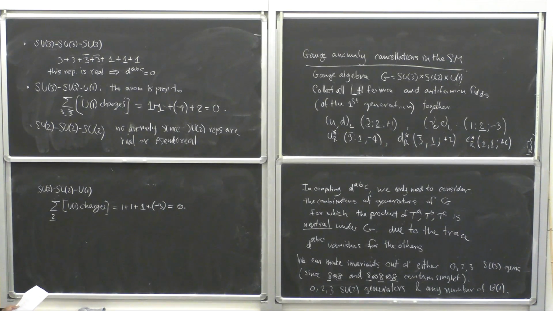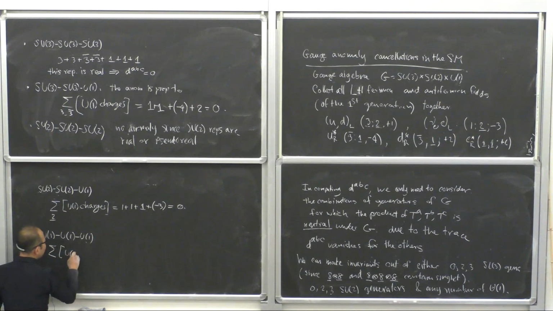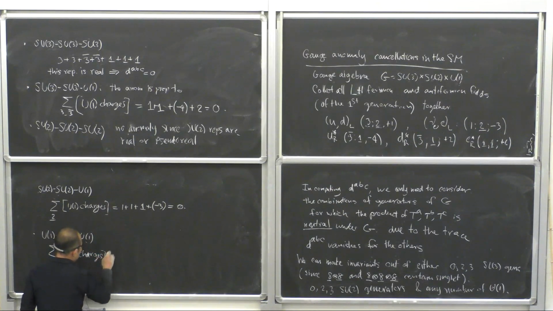Okay? The last one is the most non-trivial one. This is U1, U1, U1. I can assure you, if this is 0, you almost ensure that your theory is consistent, because this involves the sum over U1 charges cubed.